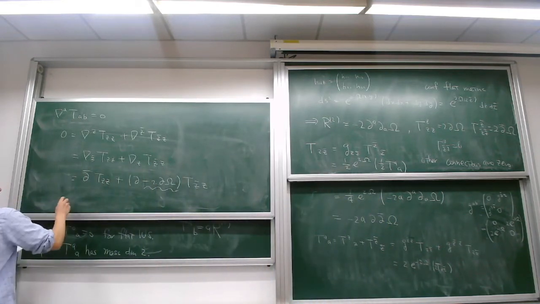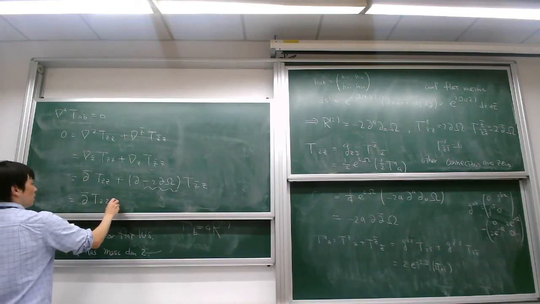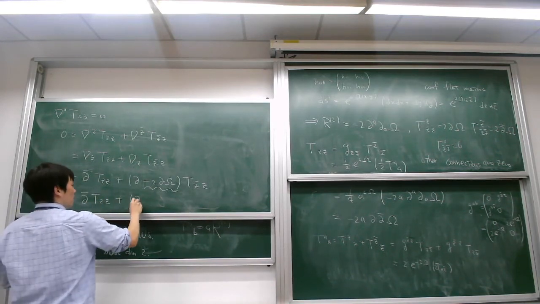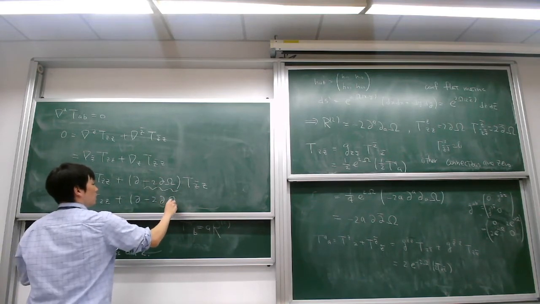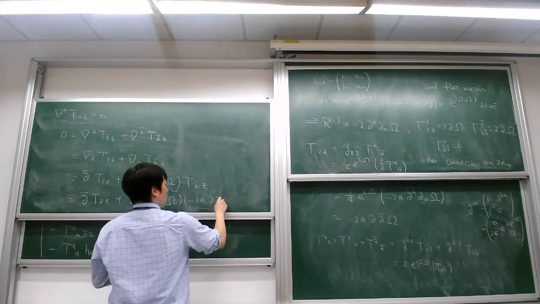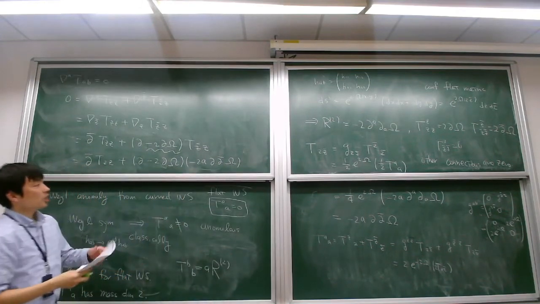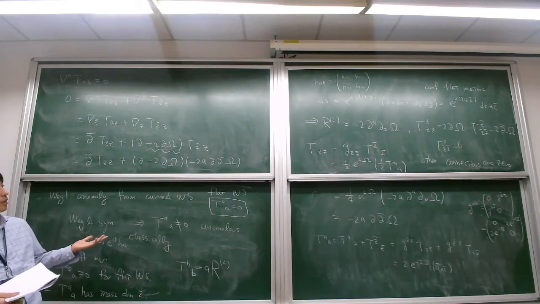What you obtain is T_ZZ plus this quantity minus 2A. Now we just manipulate this.